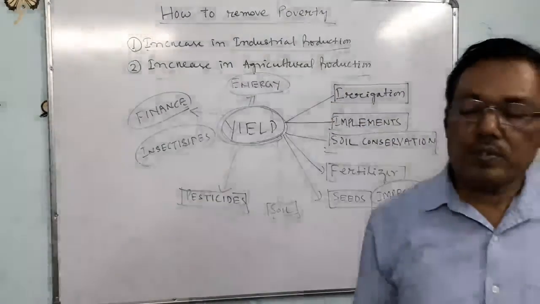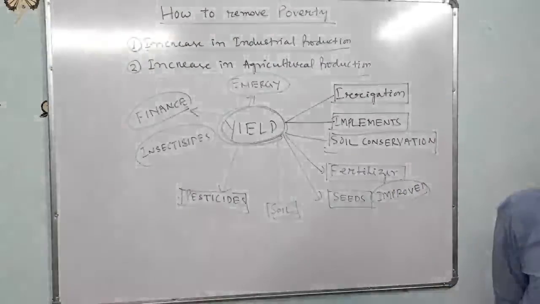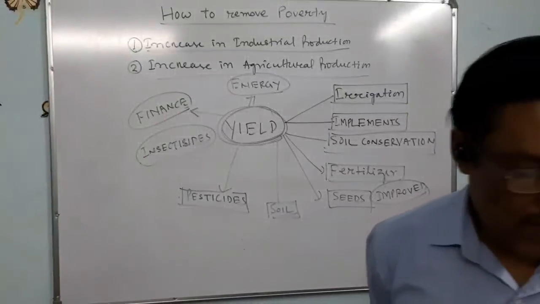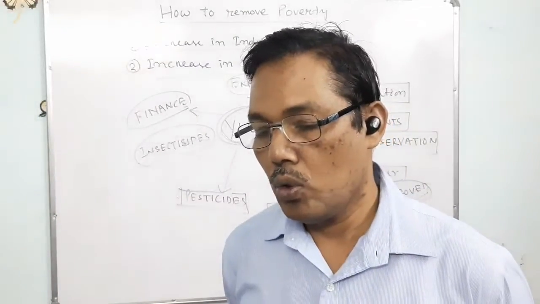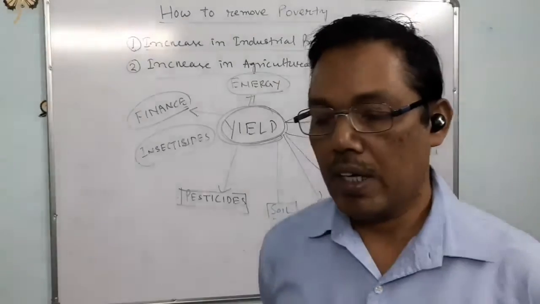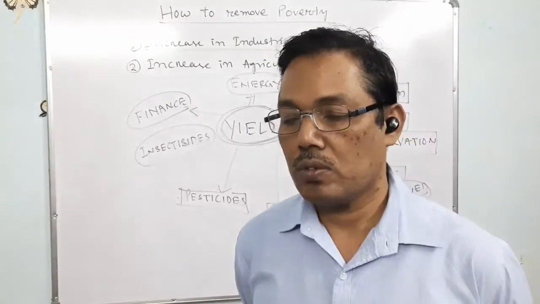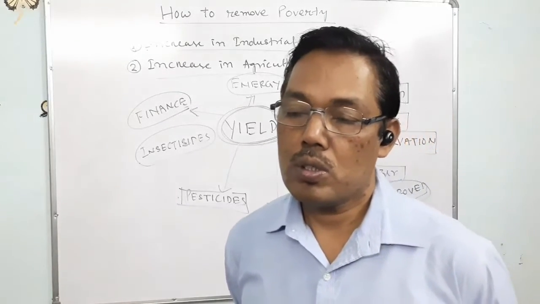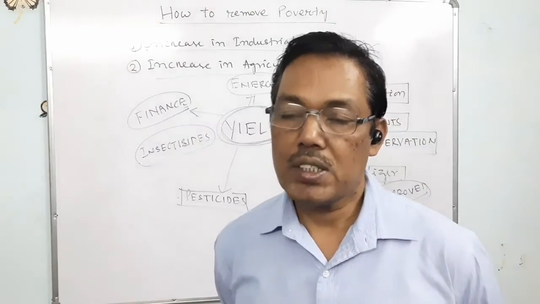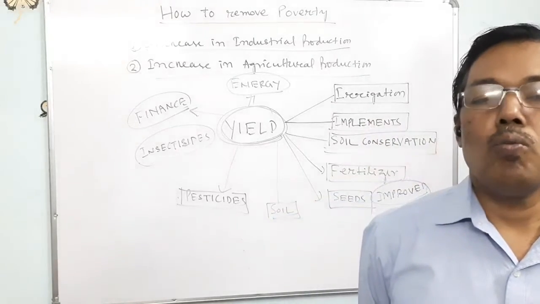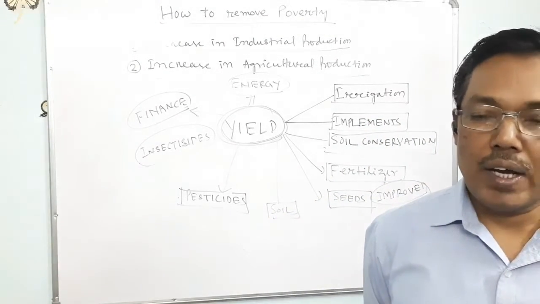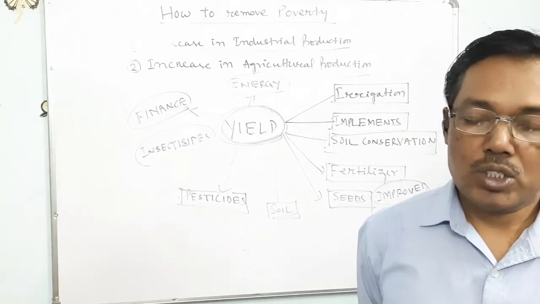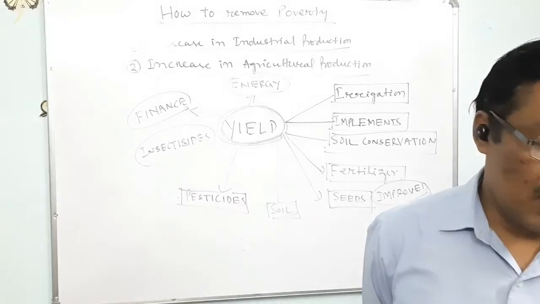Again, there is the equal distribution of income, because in certain cases, when there was the implementation of the green revolution, those persons who had more acres of land in Haryana and Punjab got more benefit, but small farmers or landless farmers did not get the benefits.